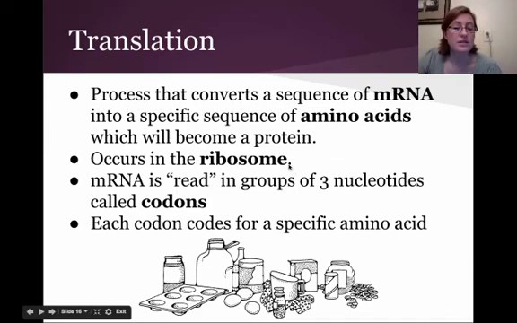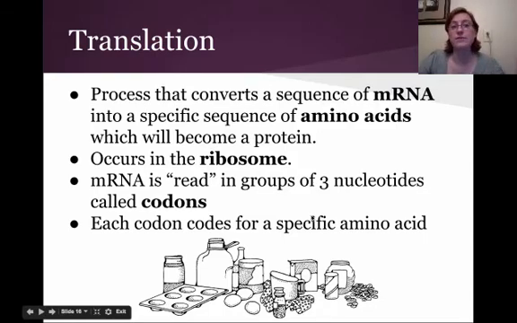One thing that scientists have discovered through many, many long experiments is that when you read the sequence of the nucleotides, they're grouped together in threes. You read 3 at a time, and that's called a codon. And each codon codes for one specific amino acid.